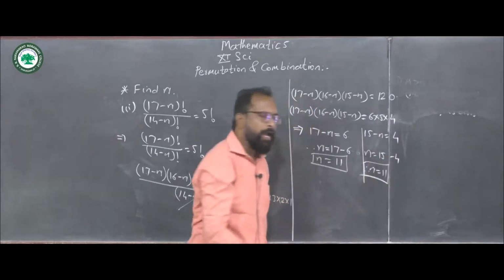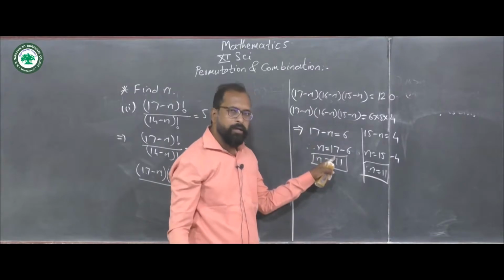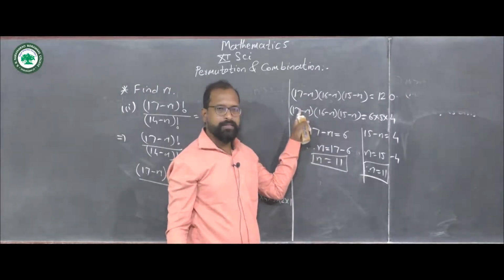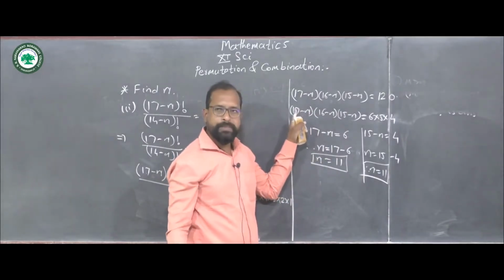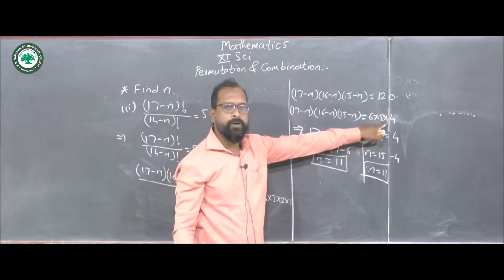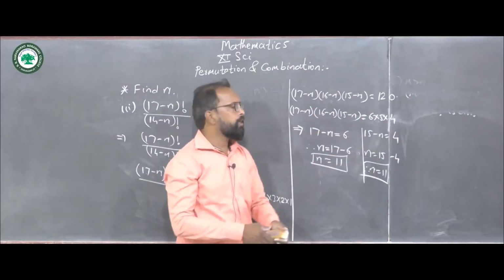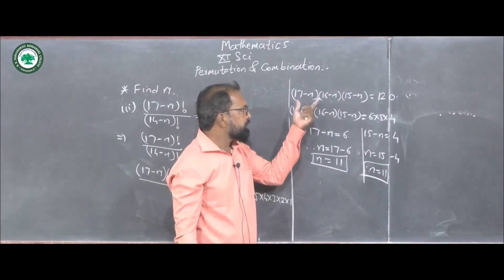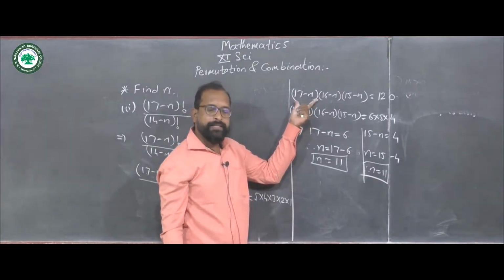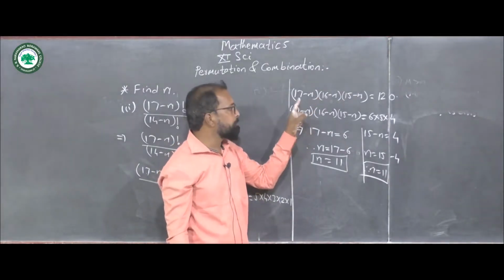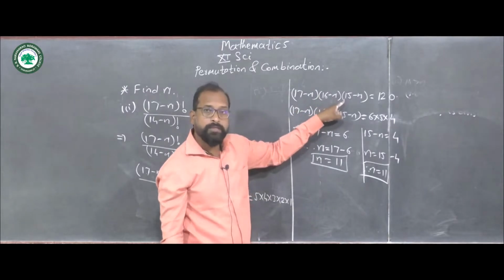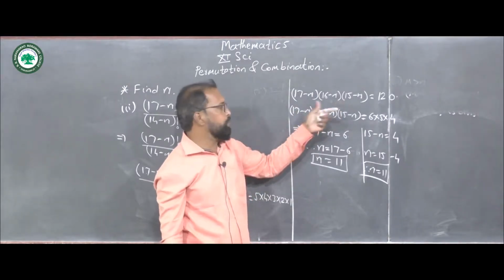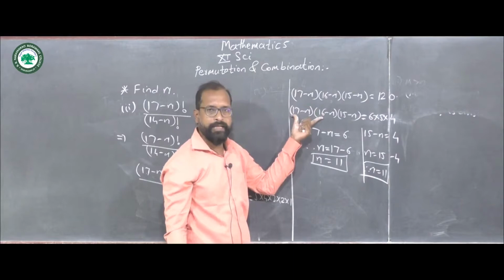This shows that you can compare any one number, that is the larger number from both sides or the smaller number from both sides. Remember one thing: for such examples, the LHS appears to be a product of consecutive natural numbers. Don't take the product in the LHS.